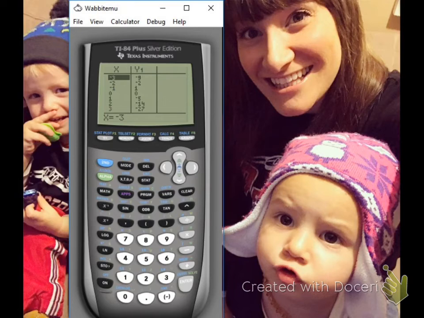And then the one thing that I want to do is go ahead and hit my second trace, because I need to find that negative 0.75. So I'm going to click enter for my value. It's going to come up and say x is equal to negative 0.75. And I get 1.125. Okay.